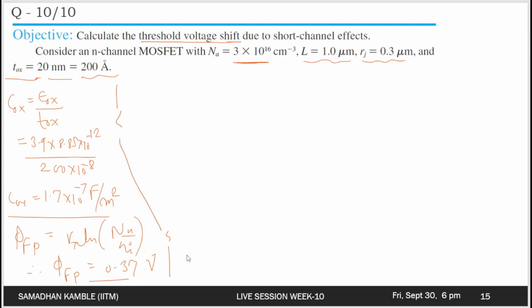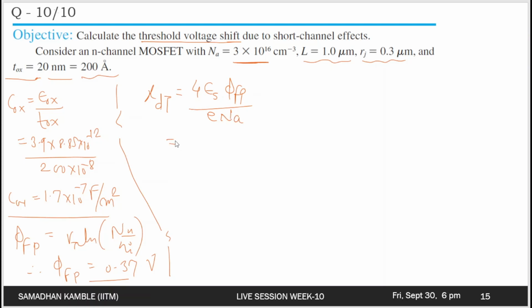Now one more parameter, that is x dt, is to be determined in order to find out delta Vt, and this parameter is given by the square root of 4 times epsilon s phi fp over the electronic charge times the doping concentration.